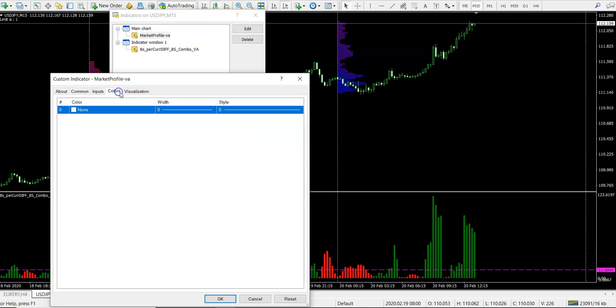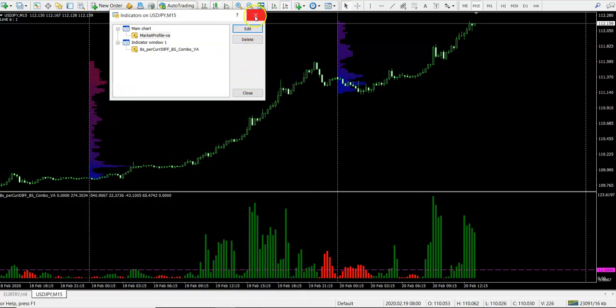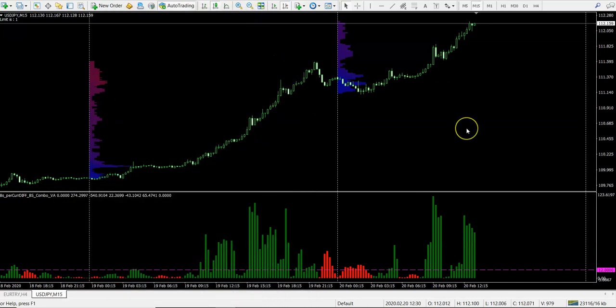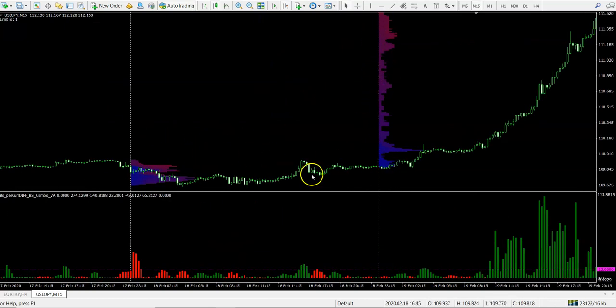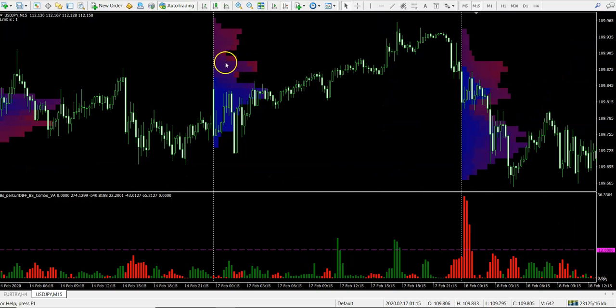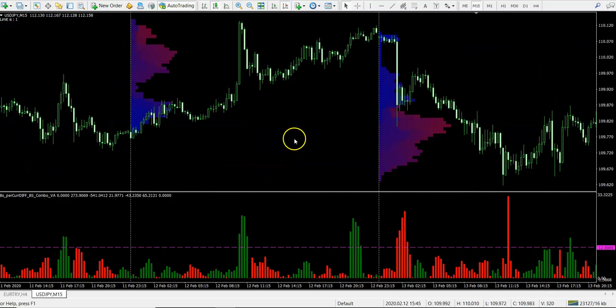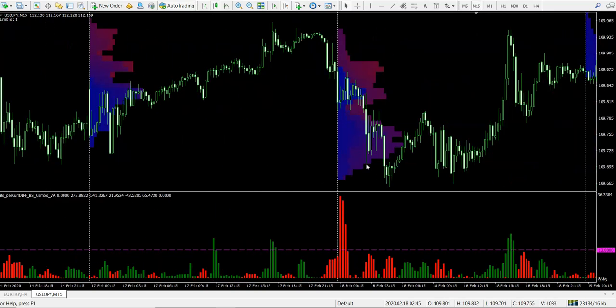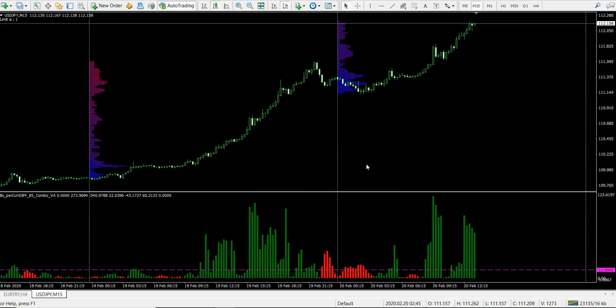Looks like I cannot, but I'm okay with using it as it is because I can see what is happening. But yeah, this is the market profile indicator. This is also the market profile indicator, and that is the particular indicator that you need to be focusing on to actually identify supply and demand areas.